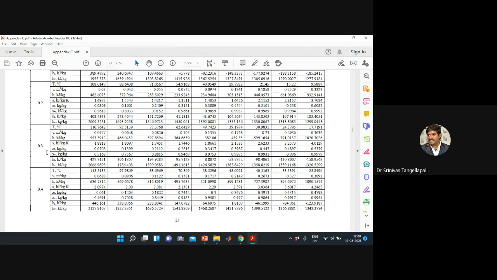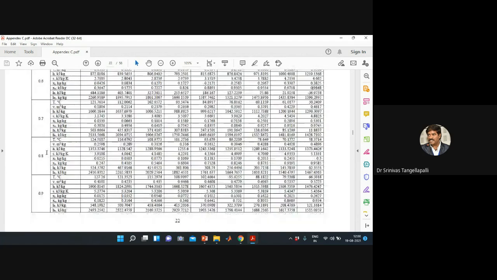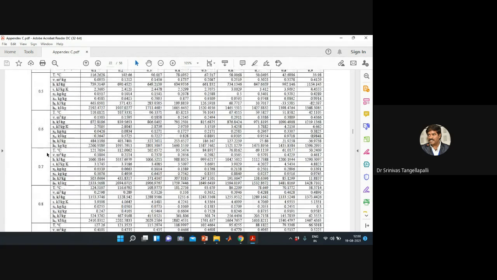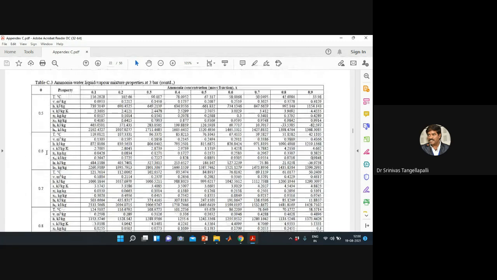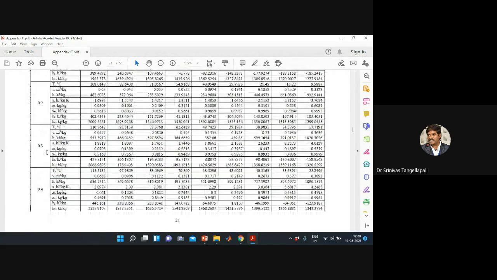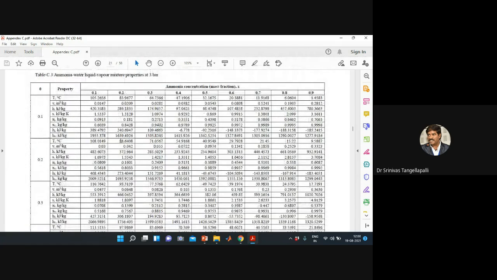So between 0 and 1, for given values of 0.1 to 0.9, we are going to pick the properties of this liquid vapor mixture. For example, if the pressure is 3 bar and the dryness fraction is 0.9, what type of properties can we see? And the concentration is 0.5.